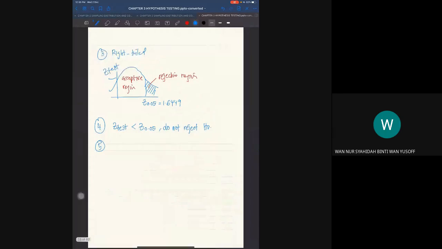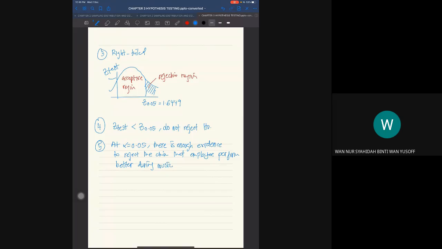Okay, so you can write here: at alpha 0.05, there is enough evidence to reject the claim that employees perform better during music playing.